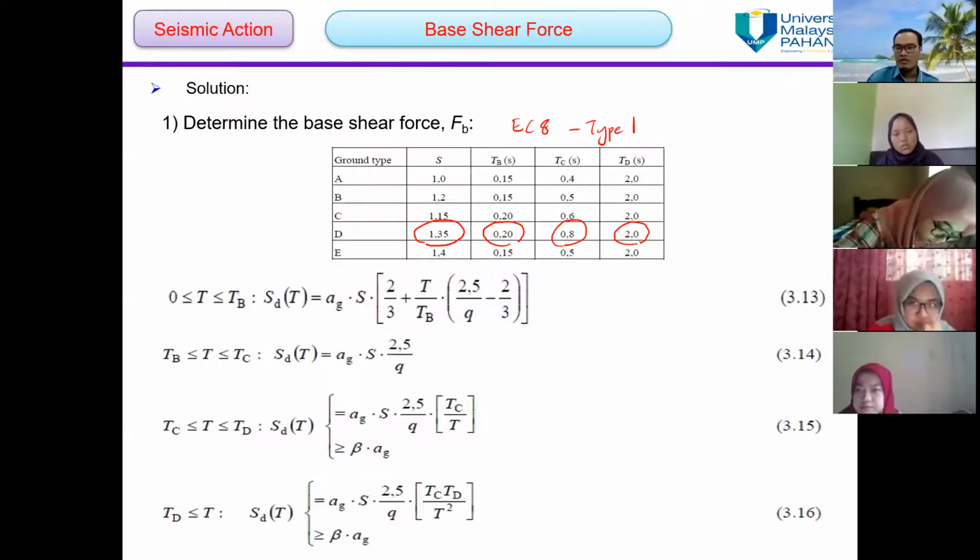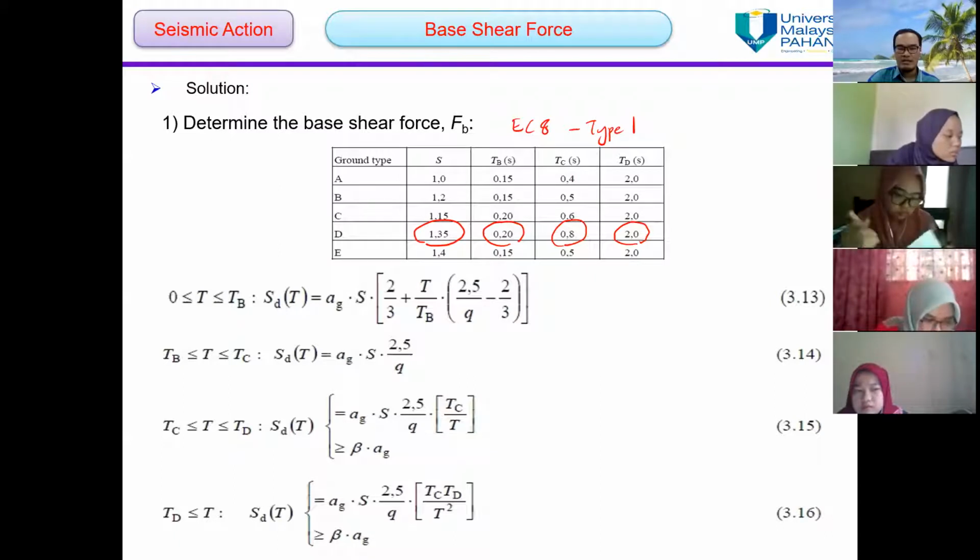So if the period of vibration is 0.5, which equation do we have to use? Recall our last lesson. Equation 3.14.